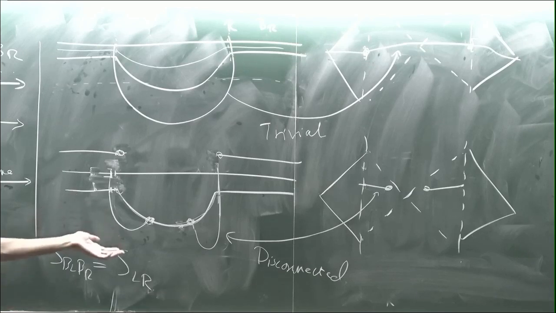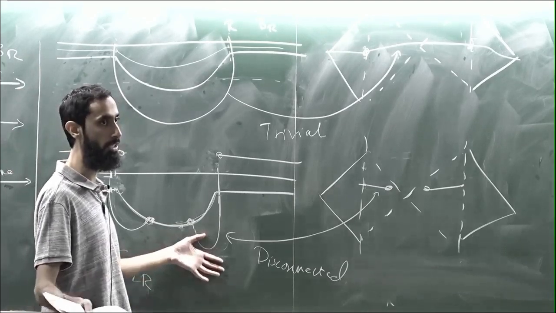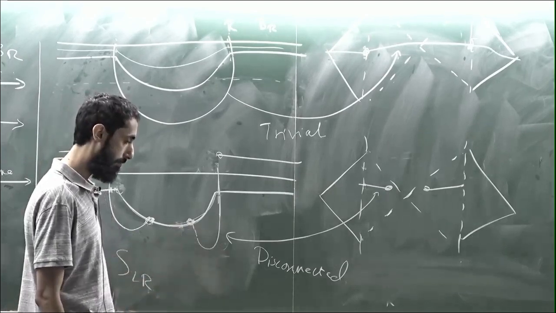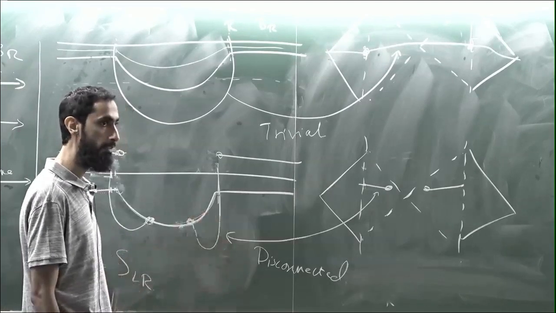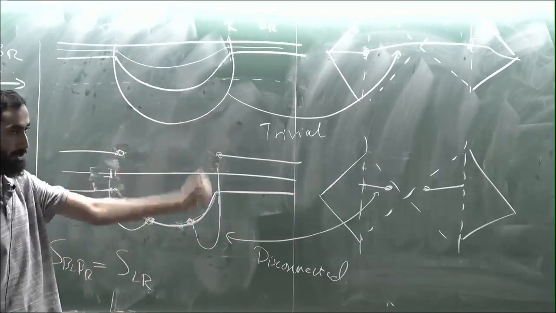There is a bulk contribution, but I'm ignoring it, because it's an order 1 thing. That's how I'm thinking about it. I don't have a CFT here with some large central charge or whatever. I just have a bulk theory with an order 1 number of fields, and it's much smaller than 1 over G Newton 3.